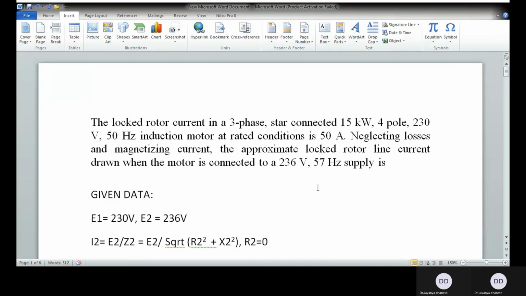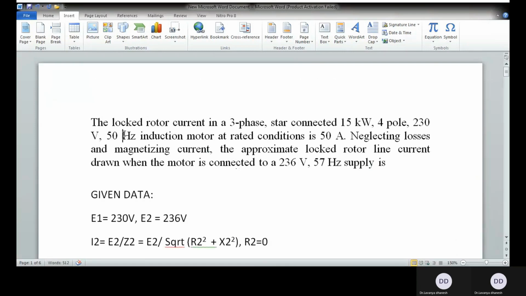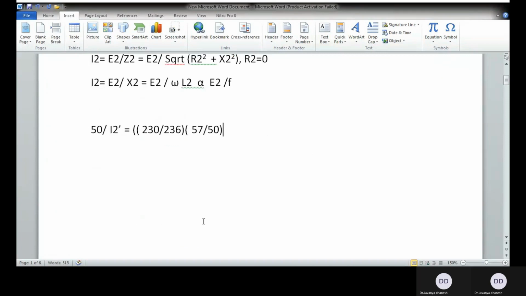Since the frequency is 1 by f, you have to write in the opposite order. For 230 volt, your frequency is 50 hertz; for 236, it is 57. Since it is 1 by f, it will get inverted, so it will be 57 divided by 50. Now when you solve this, you'll be getting the value of I2 dash.